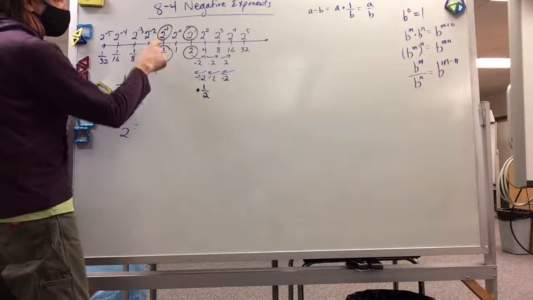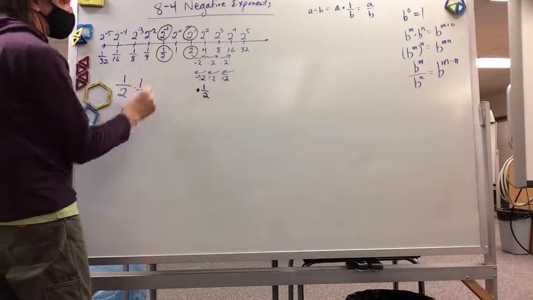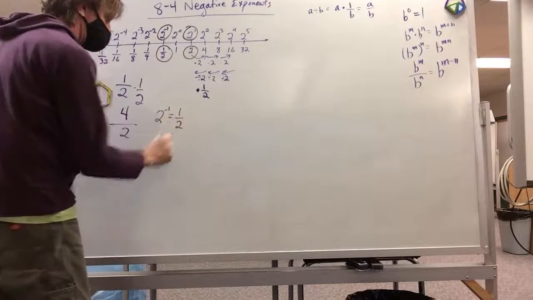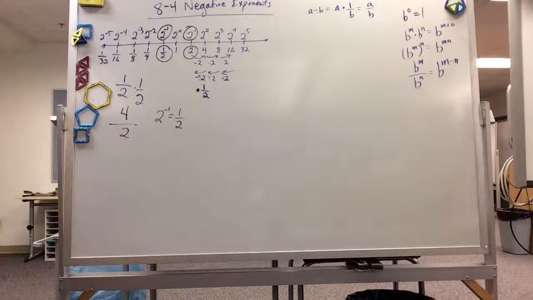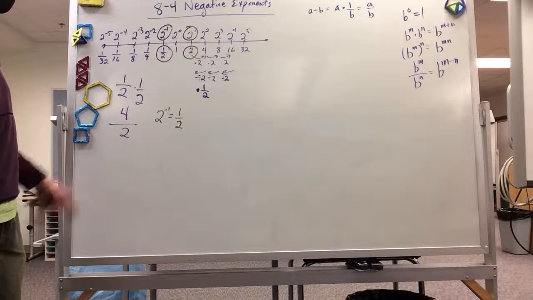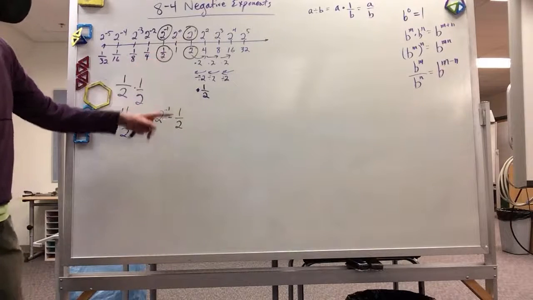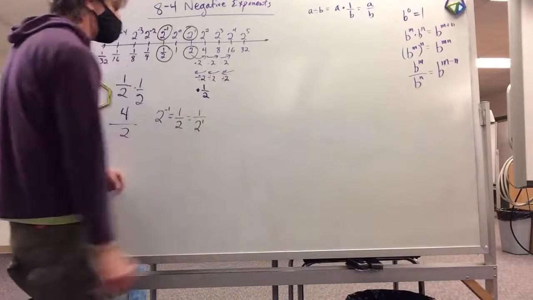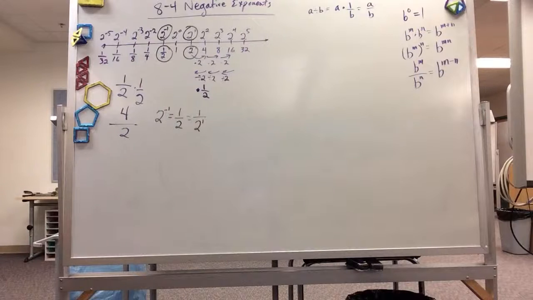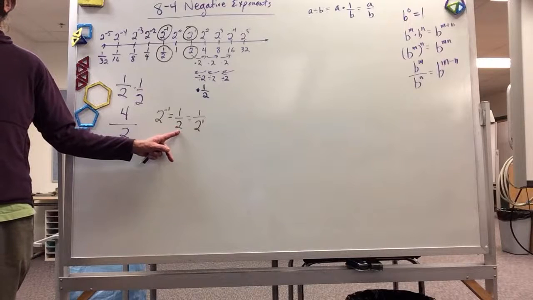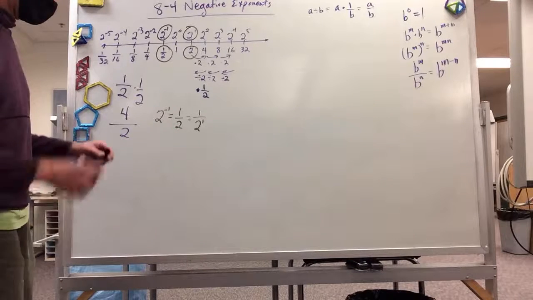Maybe more importantly, 2 to the negative first is equal to 1/2. And 1/2 is the same as 1 over 2 to the first. So what I'm doing is I'm going to write that fraction with an exponent in the denominator. Let's do another one.